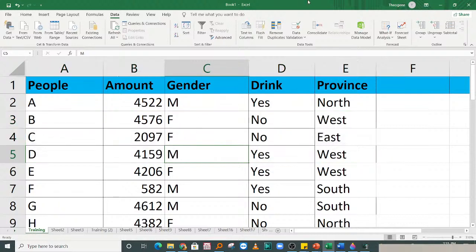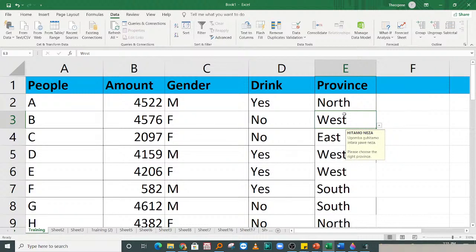Okay, my boss asks me to sum only the amount for people who drink. For only people who drink, eh? For, I don't know, maybe it's water.